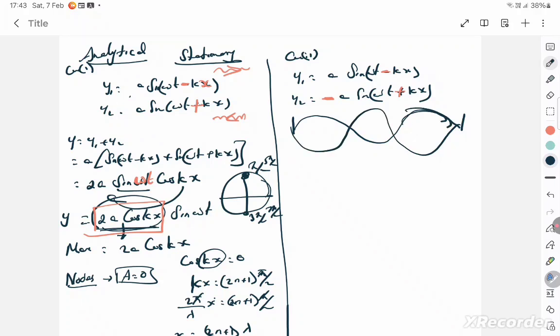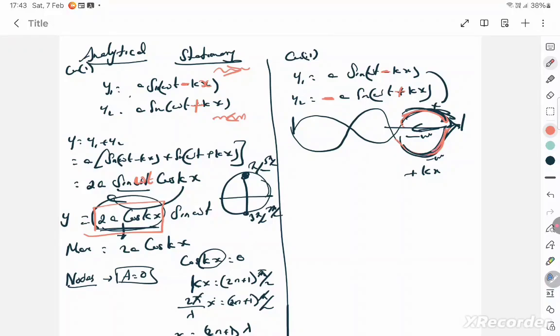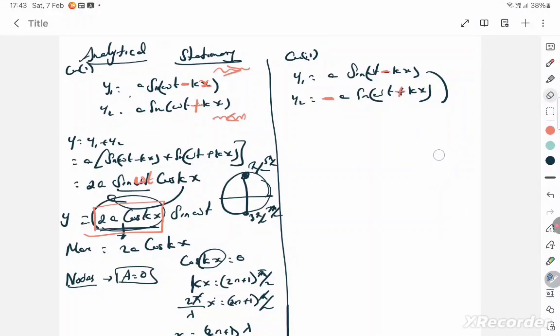A crest is getting converted into a trough. So you have to take one as positive, the other as negative. Going forward, it's minus kx, for returning it's plus kx, but the y value is becoming negative. The y which was positive going forward becomes negative in reverse. That is the reason we are mentioning it like this.